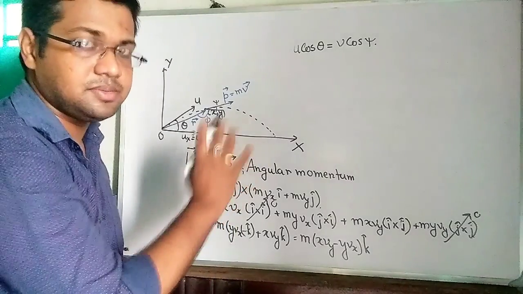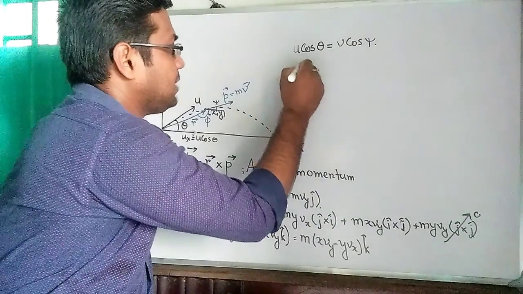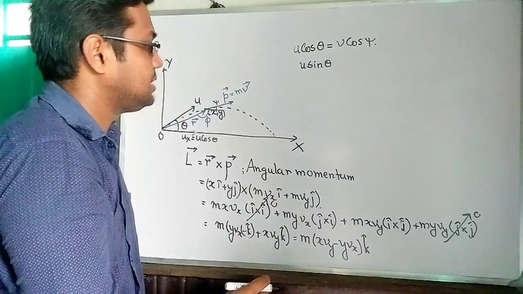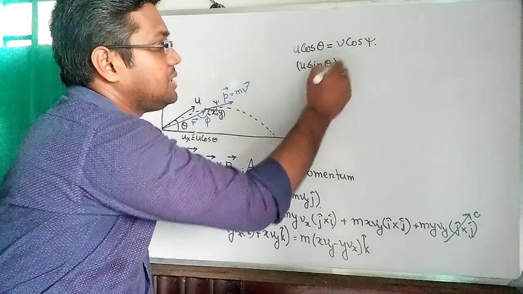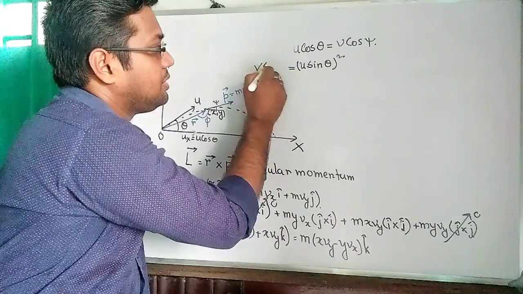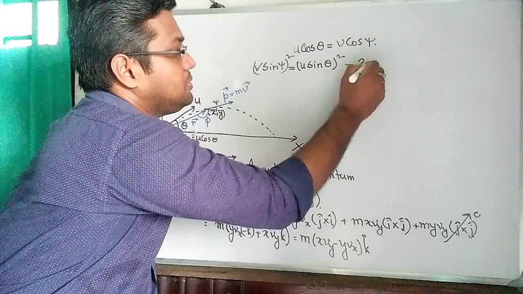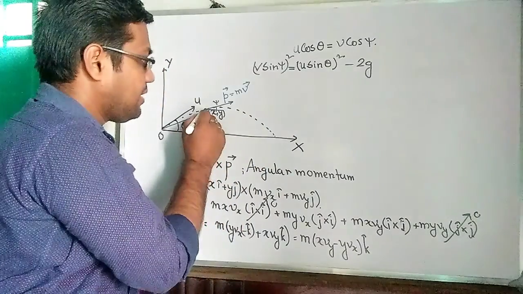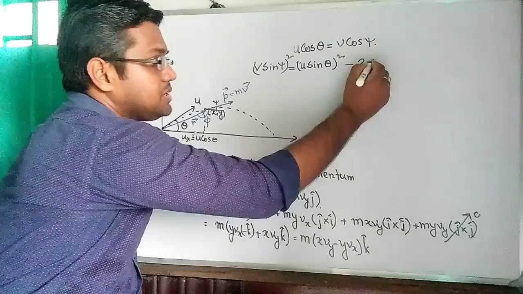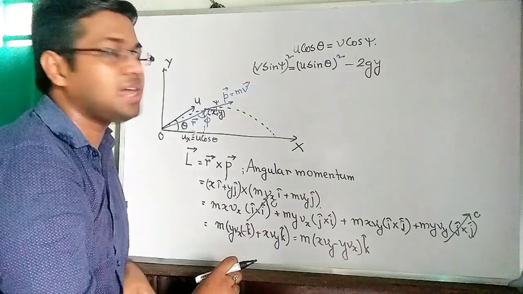In numericals, some information will be given in terms of that. And if I want to find the value of u sin theta at this point: u sin theta squared equals v sin psi squared minus 2gy, where this vertical distance is y. From it we get the value of v sin psi.